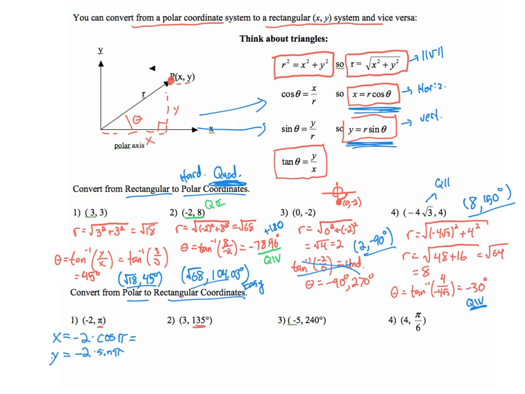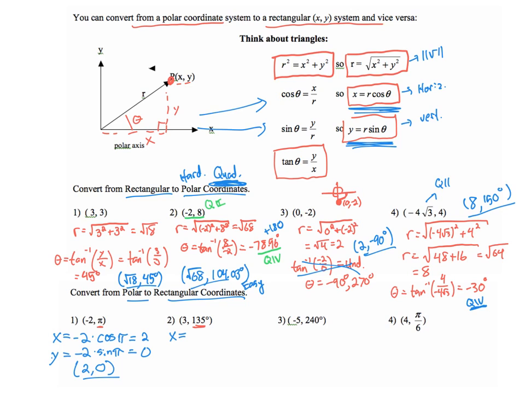Now for the x-coordinate then, what we end up with is positive 2, and the y-coordinate we end up with 0. So this rectangular coordinate is 2 comma 0. Boom, there we go.